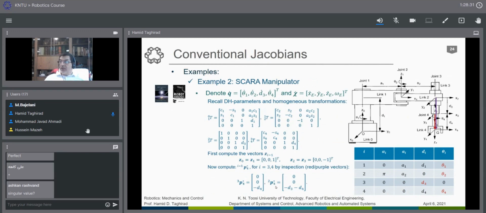This is the red one and this is the purple one. As you see, this is d3 in the z4 direction, and in the z0 direction it is minus d4. Very simple. And again, d3 plus d4 in the z4 direction, but in the z0 direction it would be minus d3 minus d4 in this direction.